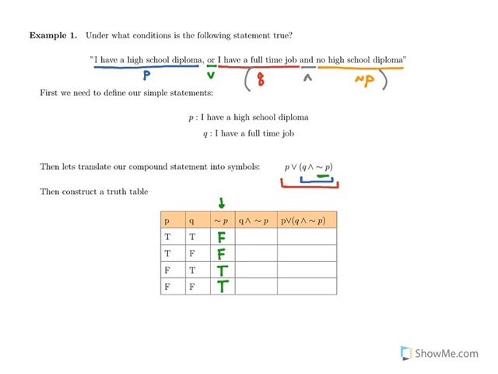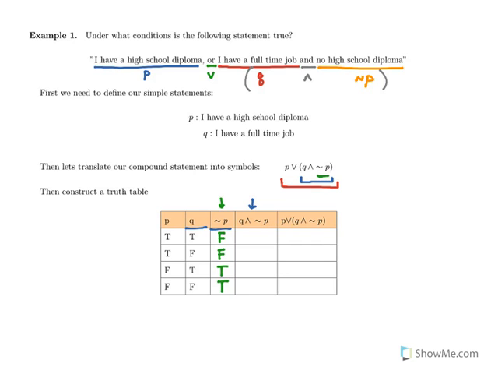Then, if I'm going to do Q and not P, we need to look at the 2 statements involved in that, and that is Q and then the not P. So the last 2 columns we've written down, Q and the not P. And we're going to do what we did on the previous page with the "and." In order for this to be true, both columns have to be true.